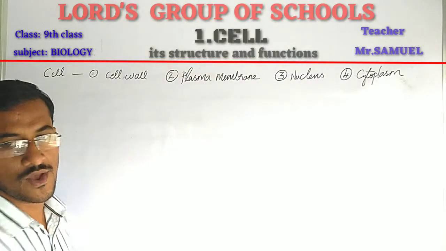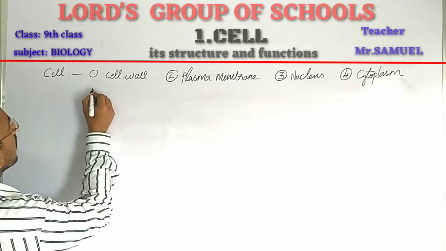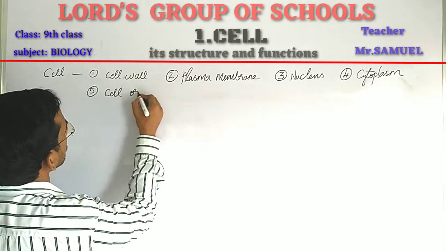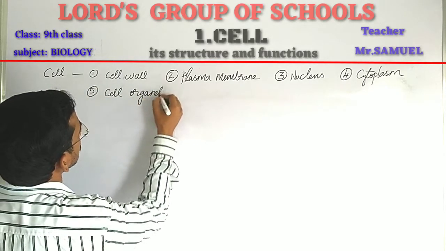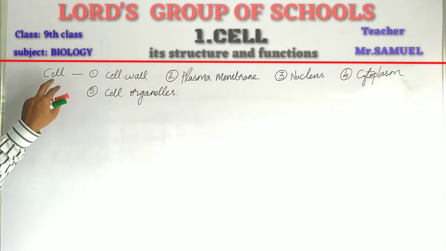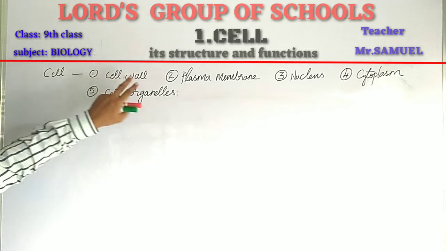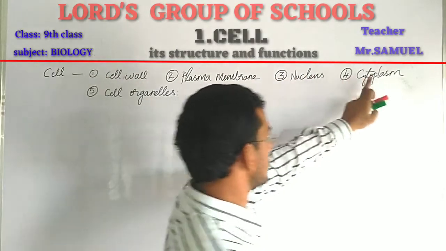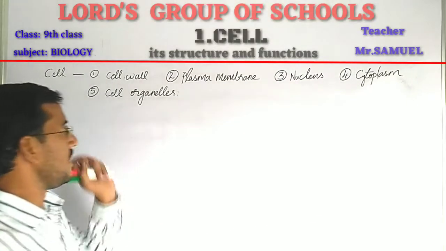And cell organelles. So every cell contains 5 parts: cell wall, plasma membrane, nucleus, cytoplasm and cell organelles.